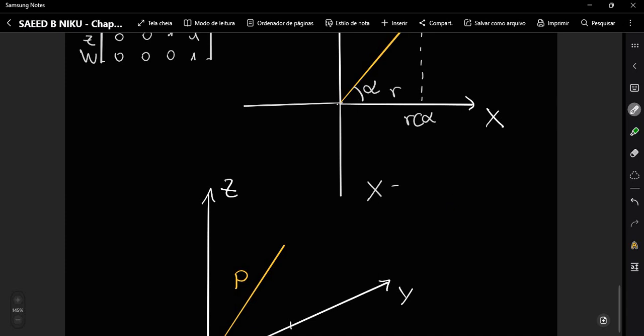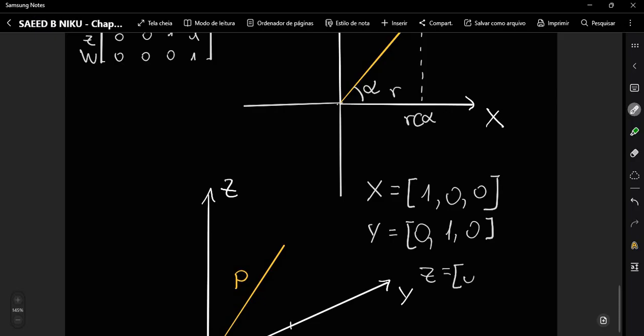If you already have revised vectors, there's 1, 0, 0 for the x-axis, 0, 1, 0 for the y-axis, and for the z-axis is 0, 0, 1, which is the origin of each axis.